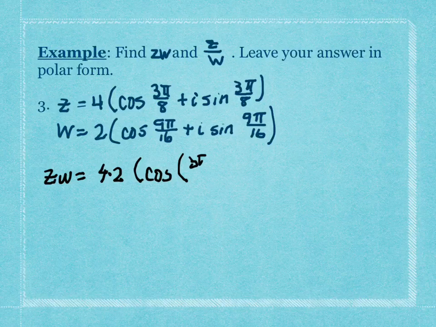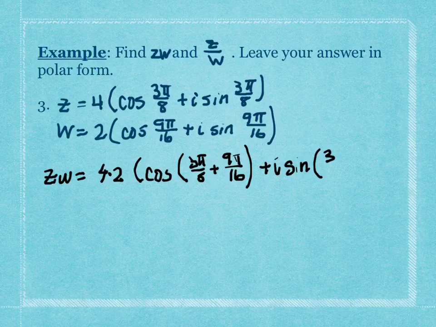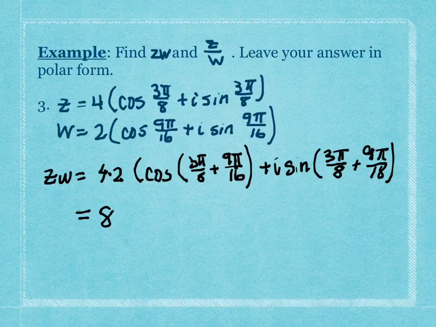So 3 pi over 8 plus 9 pi over 16, plus I sine, and then it's 3 pi over 8 plus 9 pi over 16. All right, and of course we get 8 at the beginning of this. 2 times 4 is 8.